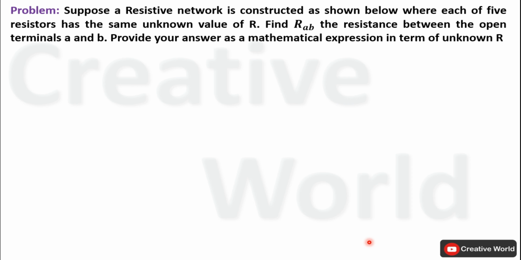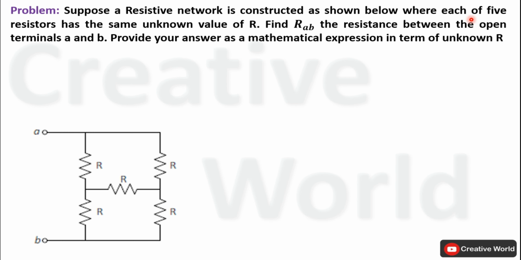The statement of problem is: suppose a resistive network is constructed as shown below, where each of 5 resistors has the same unknown value of R. Find Rab, the resistance between the open terminals A and B. Provide your answer as a mathematical expression in terms of unknown R. So this is the circuit diagram of given problem.